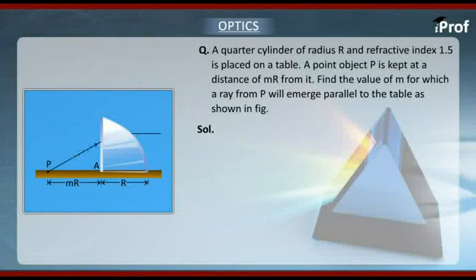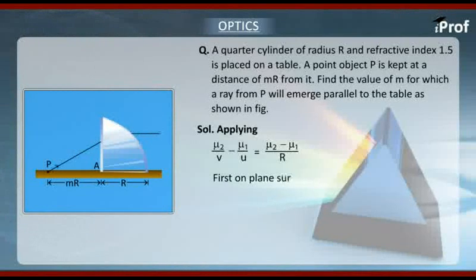Now for the next interface we have to use object image distance equation, and the distance from the pole of this curved surface will be obtained by adding the radius of the surface. So making relevant substitution in the relation, that is mu2 by v minus mu1 by u is equal to mu2 minus mu1 by r. Here we substitute mu2 as 1 and mu1 as 1.5.